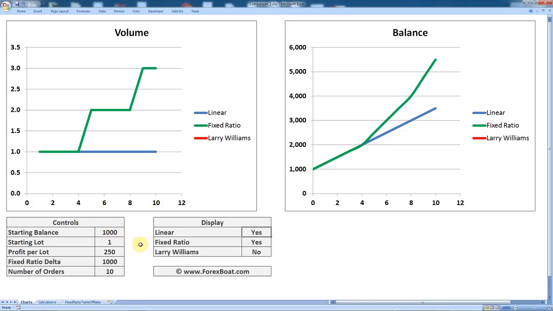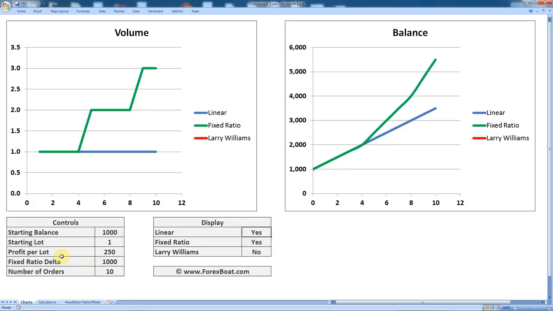Now moving on to the controls, here you can specify a starting balance. As we discussed, you might want to specify a balance that's similar to your starting balance in order to model a scenario that's very close to yours. Or you could specify any hypothetical number here just to see what would have happened in that case. Then you can specify the starting lot. That's the lot that you would be comfortable with trading at that starting balance.